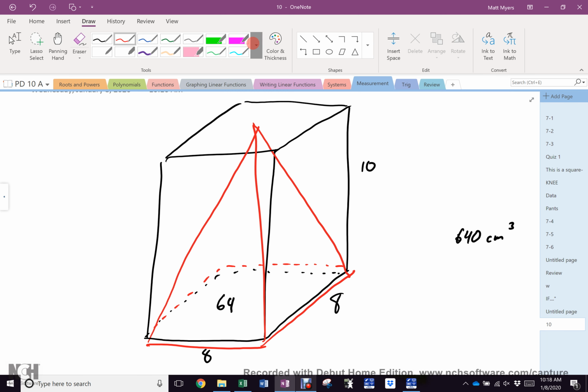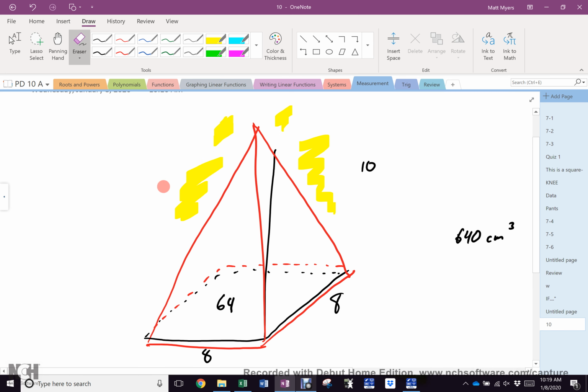What is all of this space now? You have to think three-dimensionally. I'll erase the black. Now, nope. It's empty space, isn't it?